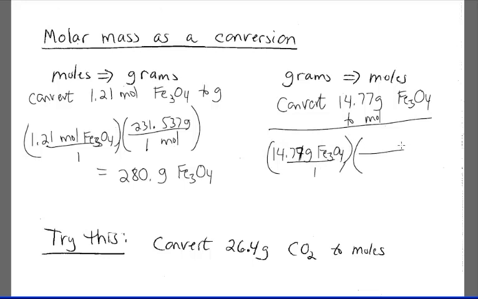Multiply that by the molar mass upside down so that you get grams on the bottom. 231.537 grams per 1 mole. And you will get 0.06379 moles of iron 2,3 oxide.